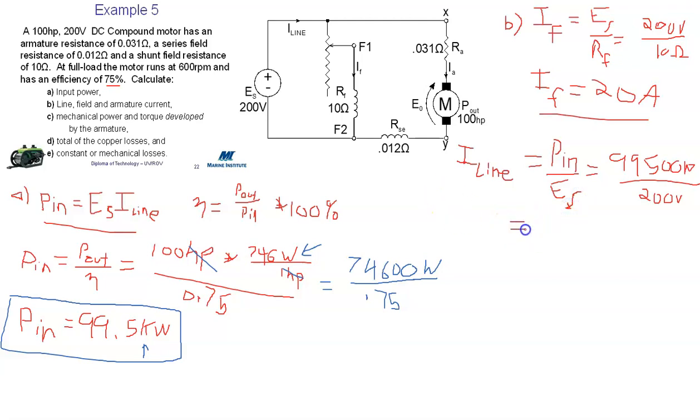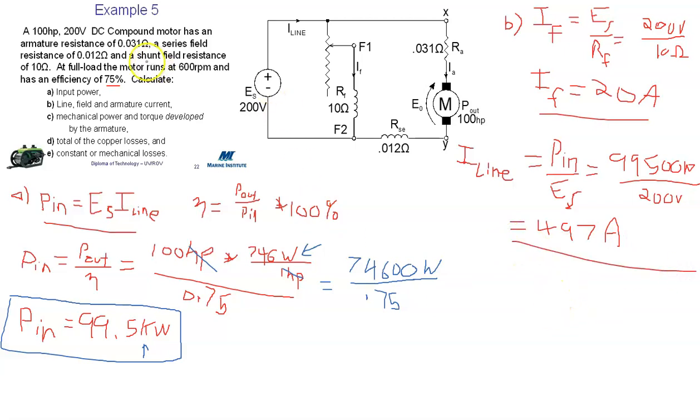And if I do that calculation, it comes up with 497 amps. There might be some rounding there, but I'm trying to round it to 3 significant digits. So we have 497 amps for our line.